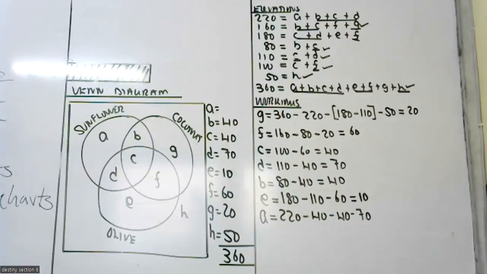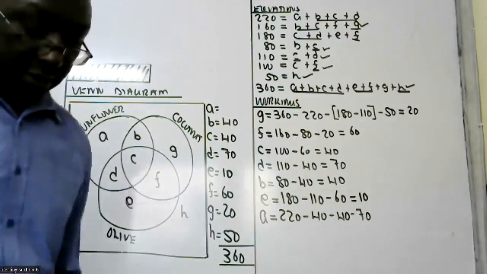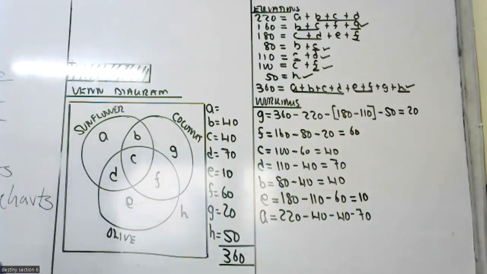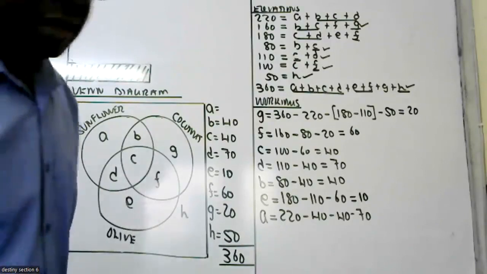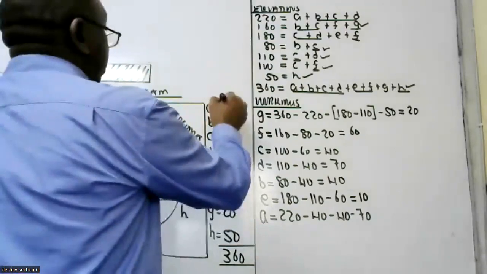BCD. So it is 70 as well. Yeah, it's 70. So A is 70.